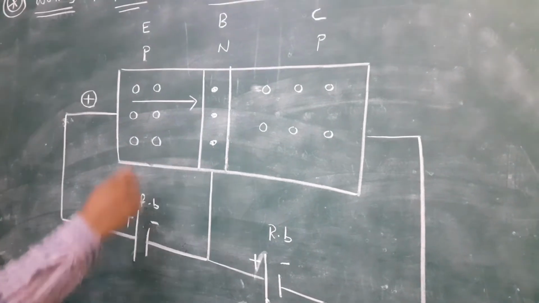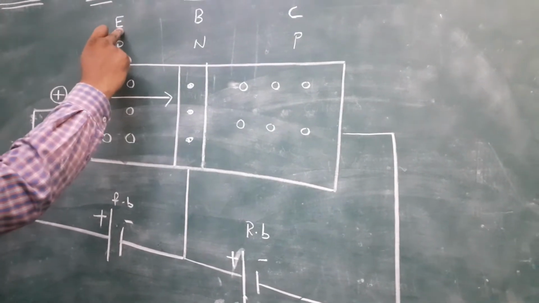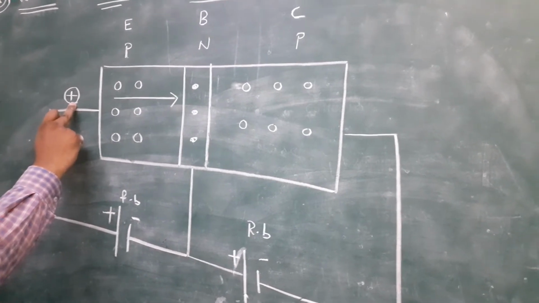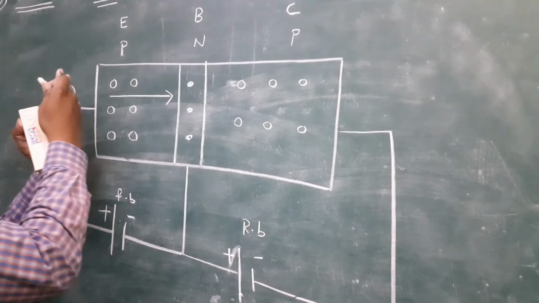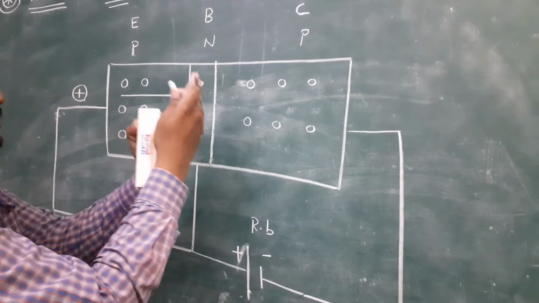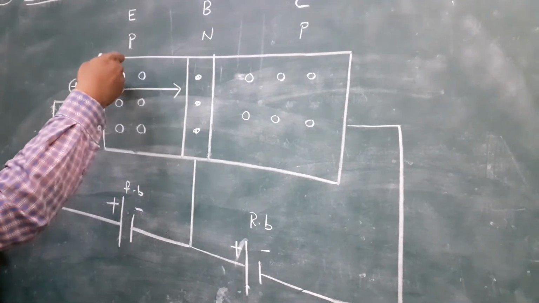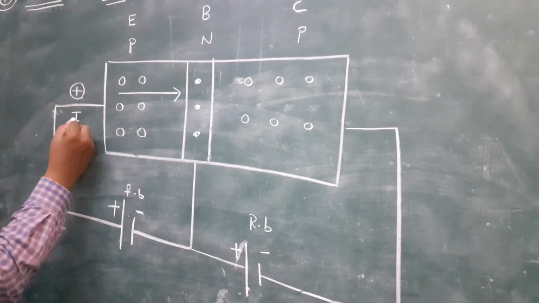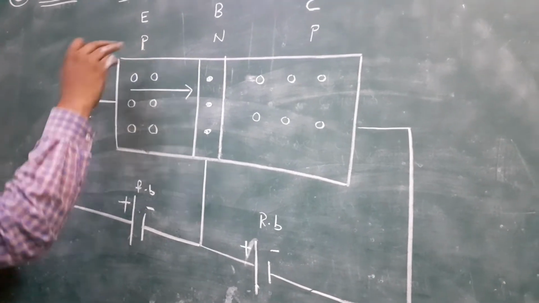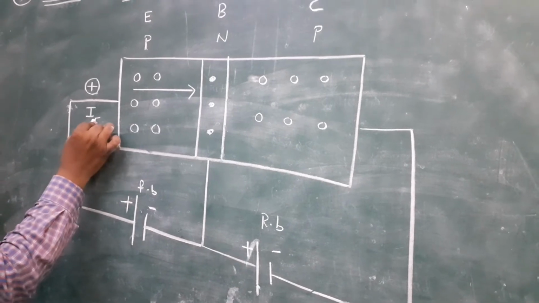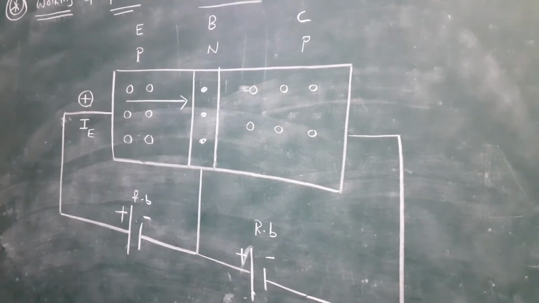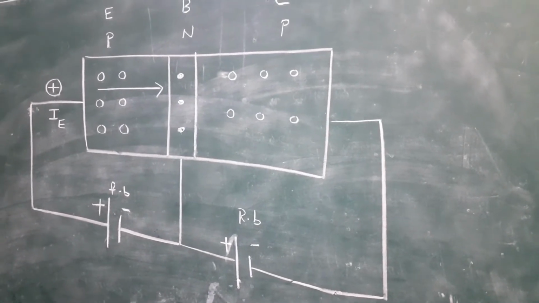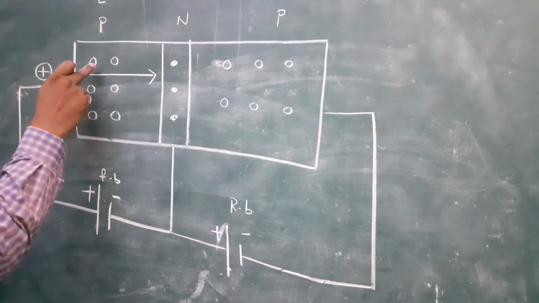Holes in the emitter region are repelled by the positive terminal of the battery and move towards the base. Flow of charge is nothing but current. This current in the emitter region is called IE, simply emitter current.